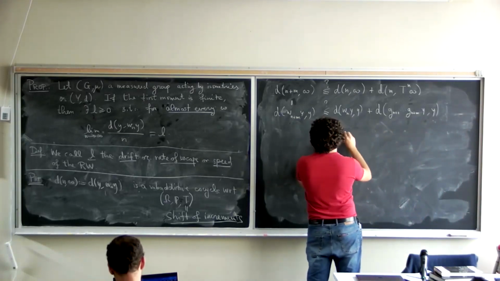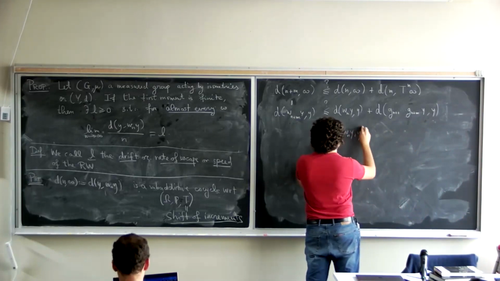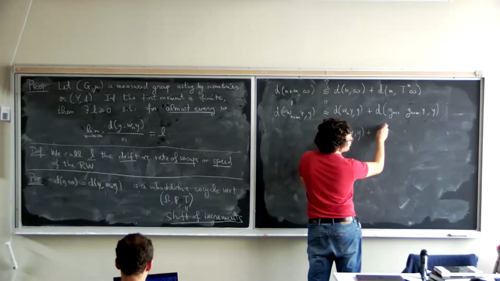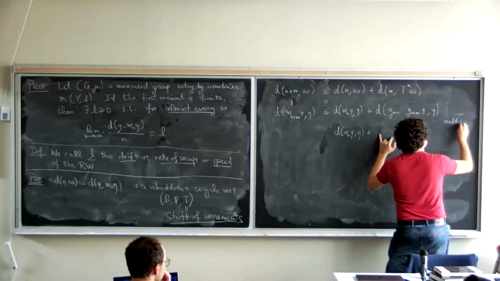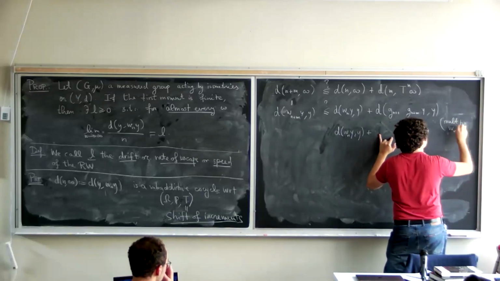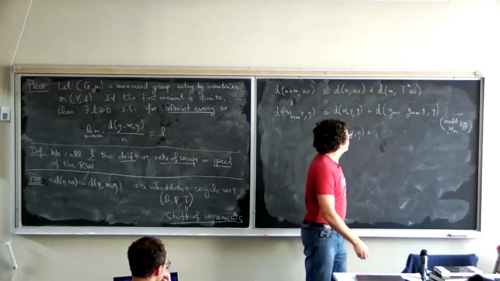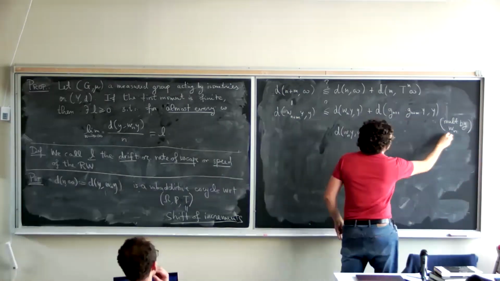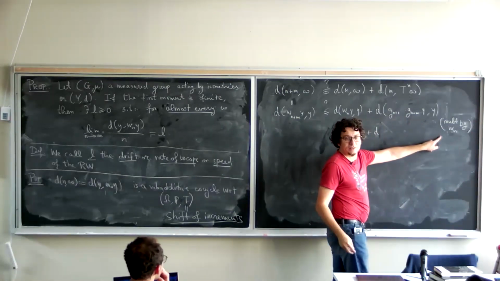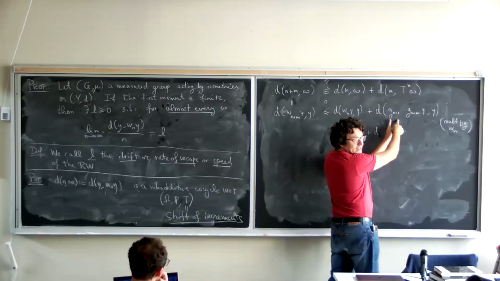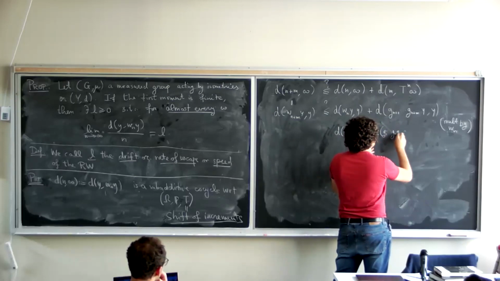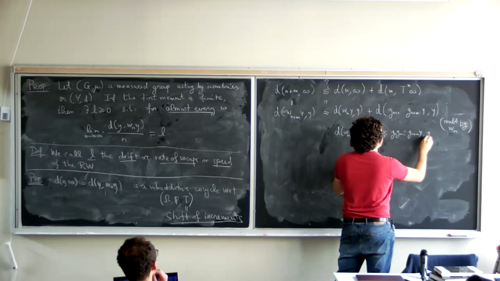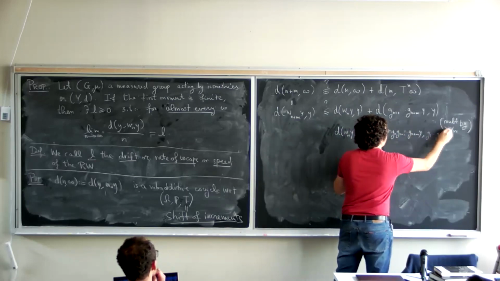And since this is an isometry, we can multiply by W_n on both sides. If we multiply by W_n, which is g_1 through g_n, we have g_1 through g_n, g_{n+1} through g_{n+m}, y, and then here g_1 through g_n, y, like that.